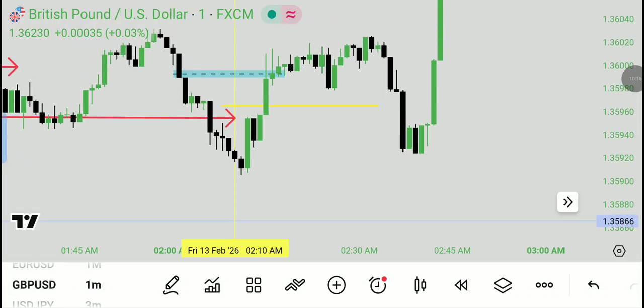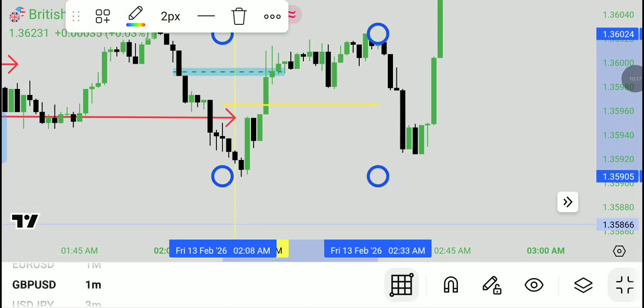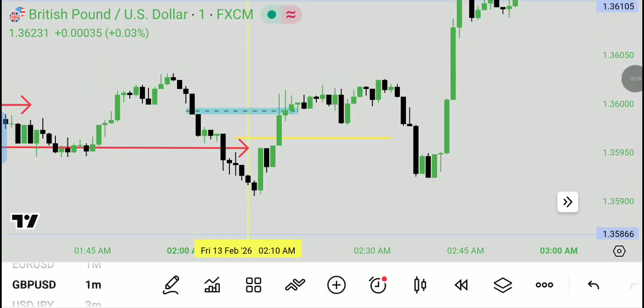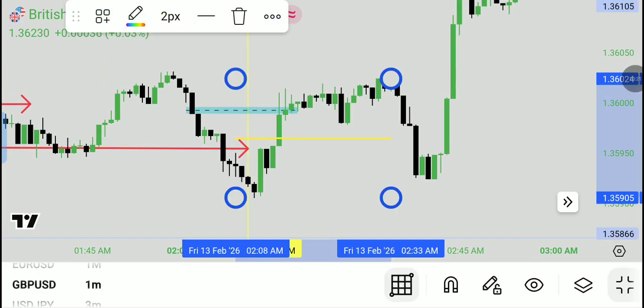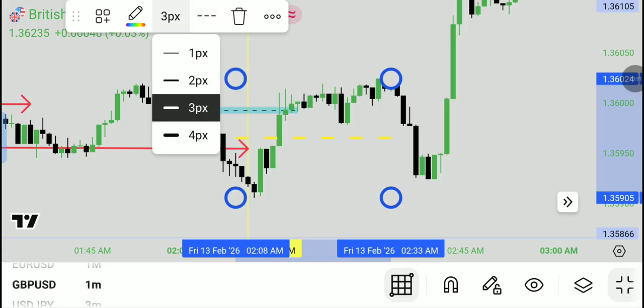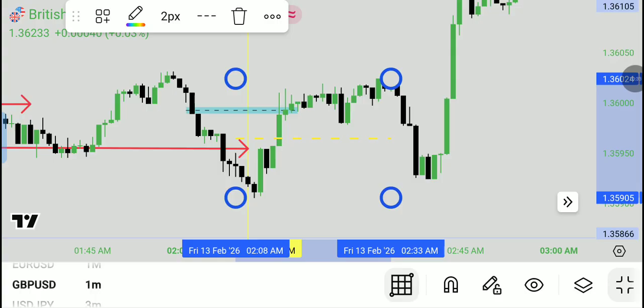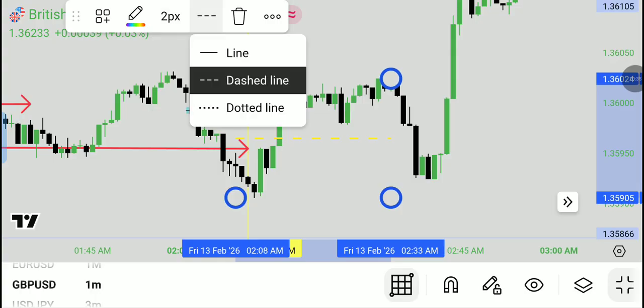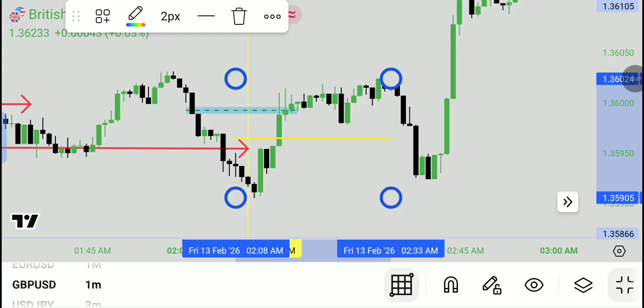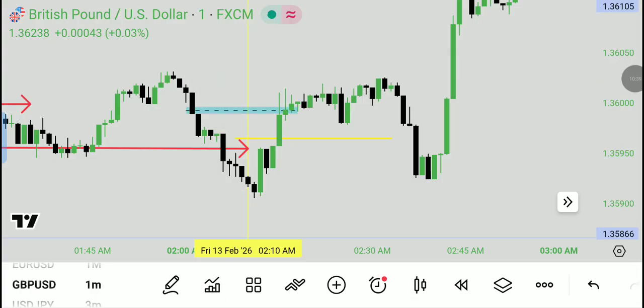I hope you are understanding the buy side. You can see the measurement where I measure, it gives me the 50%. The 50% is the yellow line that crossed. Let me zoom it. Okay, you can see I've doubled it. You can see the line over there. That is the 50% of the buy side liquidity and the sell side liquidity.